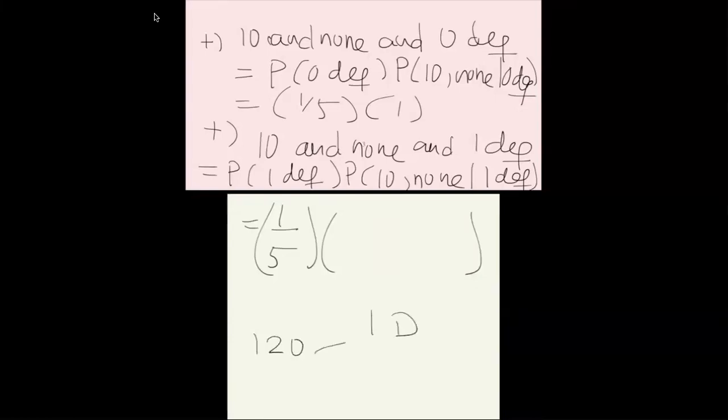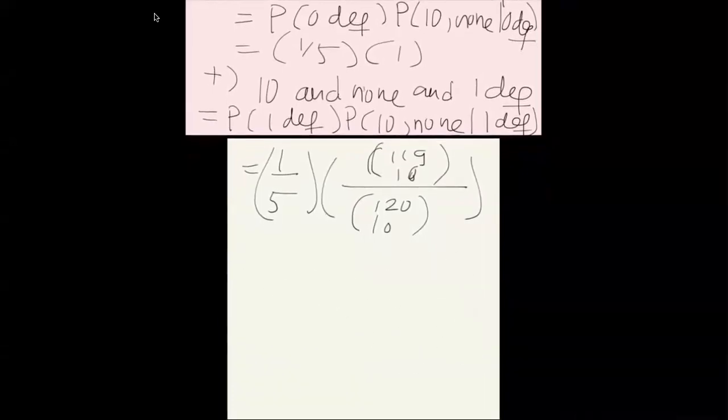Out of that, 1 is defective and 119 is non-defective. So what is the chance for you to pick out 10 items and none of them is defective? Which means out of 119 non-defective, you pick out 10, and then divide by the total number of ways that you can pick 10 items out of the box without any restriction, which is 120 choose 10.